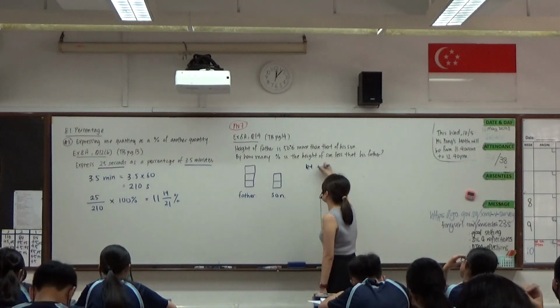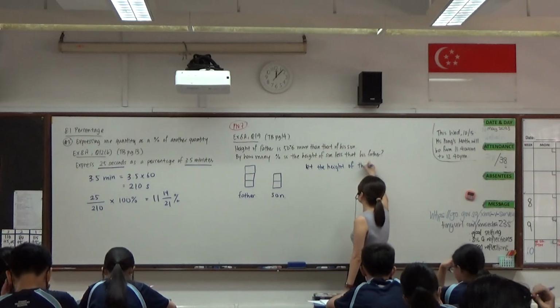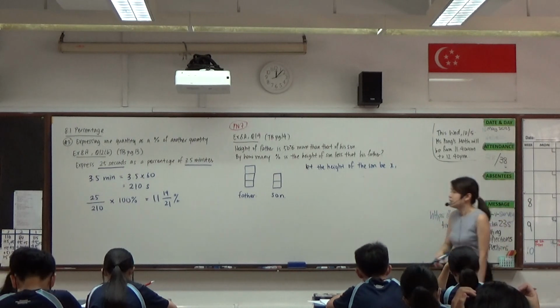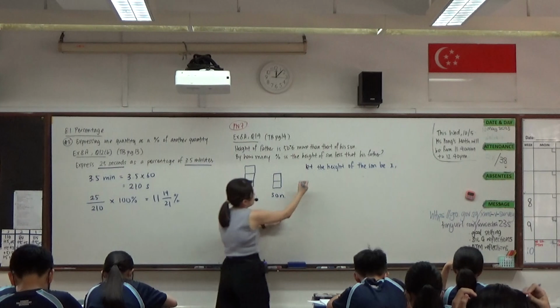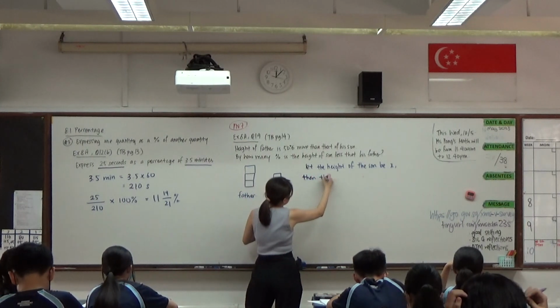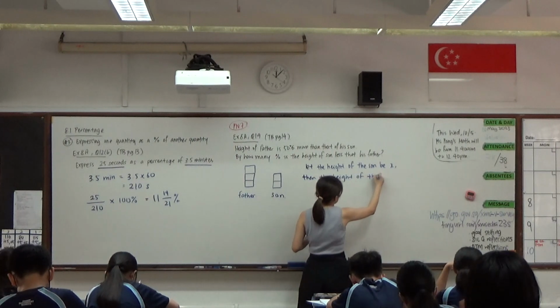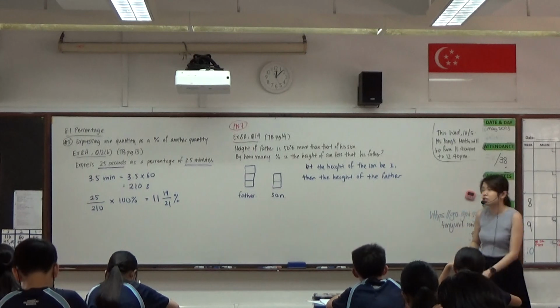We let the height of the son be x. So this entire size over here is x. Then the height of the father, what would it actually be?